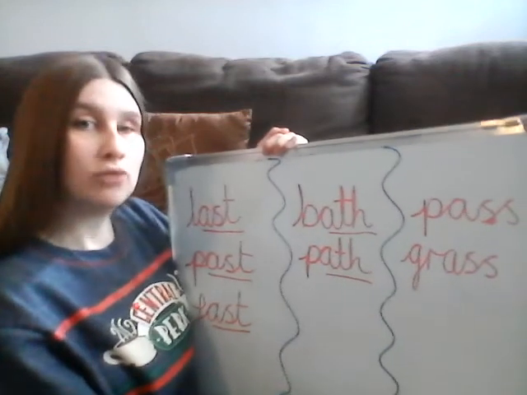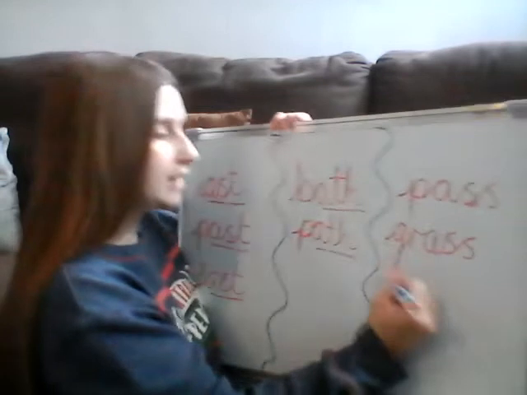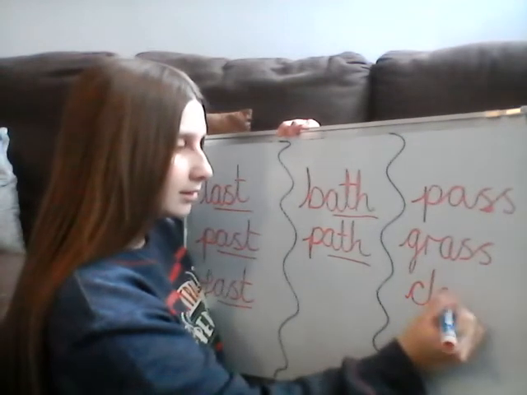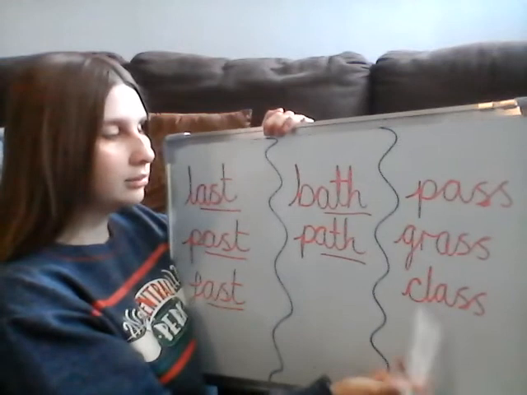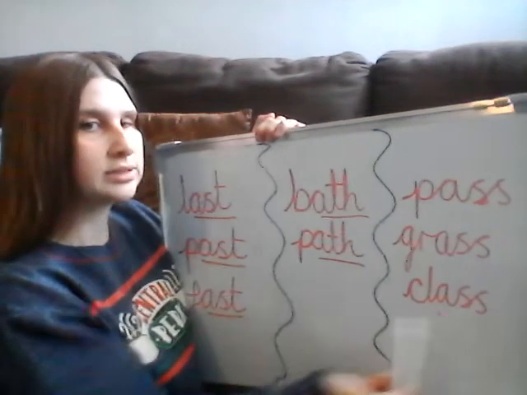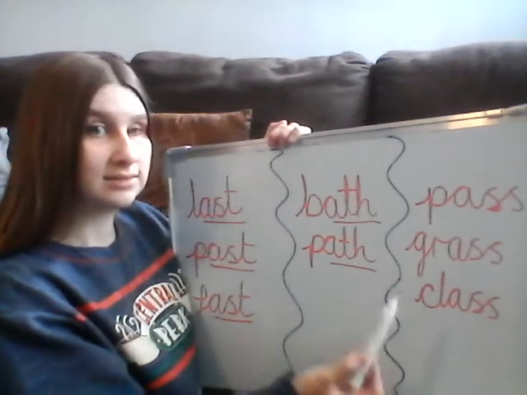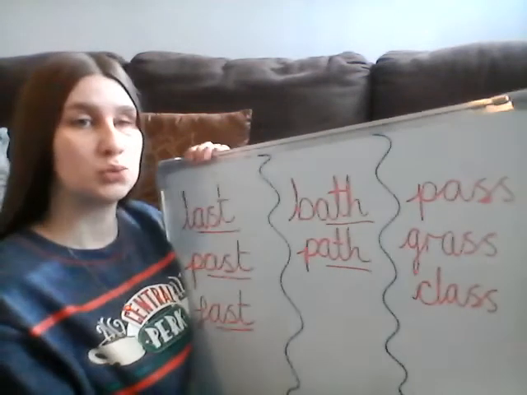We also have this one. Grass. The grass was green. And then the last one we're looking at today is this one. Class. Like you are in a class at school.